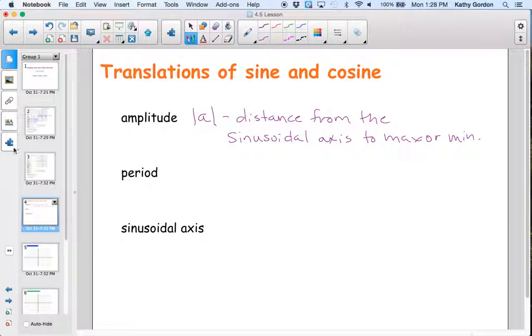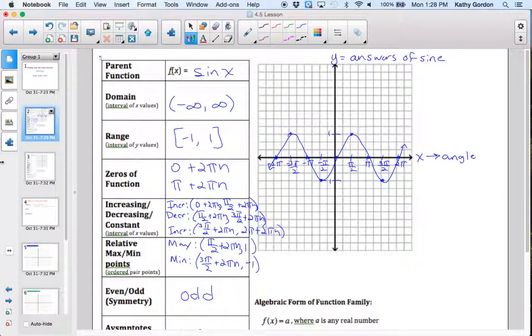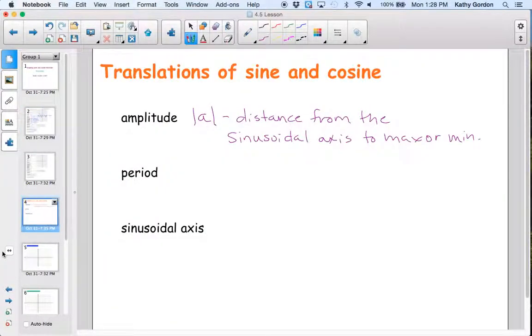The sinusoidal axis is simply the axis that runs horizontally right down the middle of your graph. In the parent function, it's the x-axis, right? But if things start moving around, that axis is going to move as well.